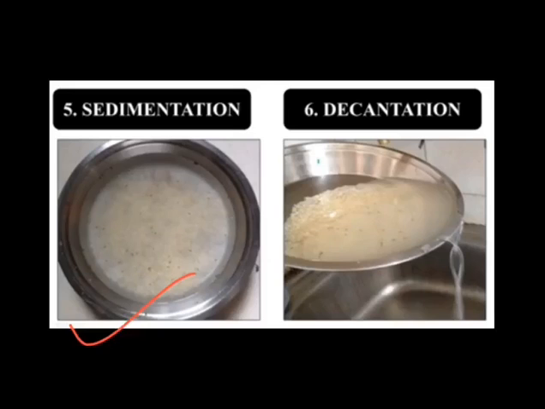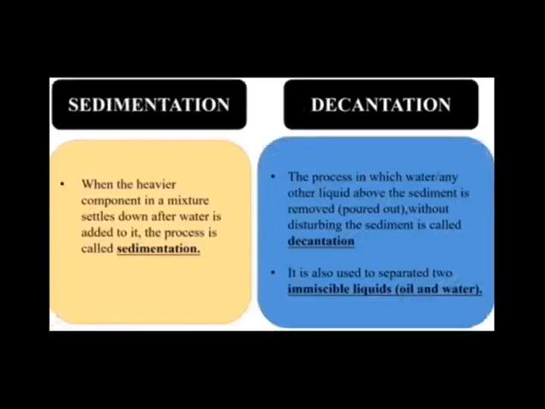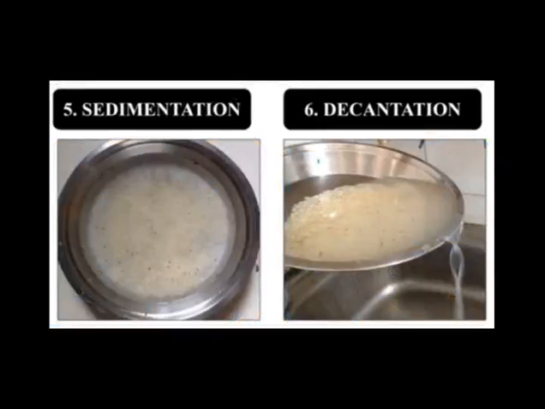So now we will see what is decantation. Decantation is a process in which water or any other liquid above the sediment is removed or poured out without disturbing the sediment. That is known as decantation. So in this case we are removing water, and with the water we are also removing the impurities present.